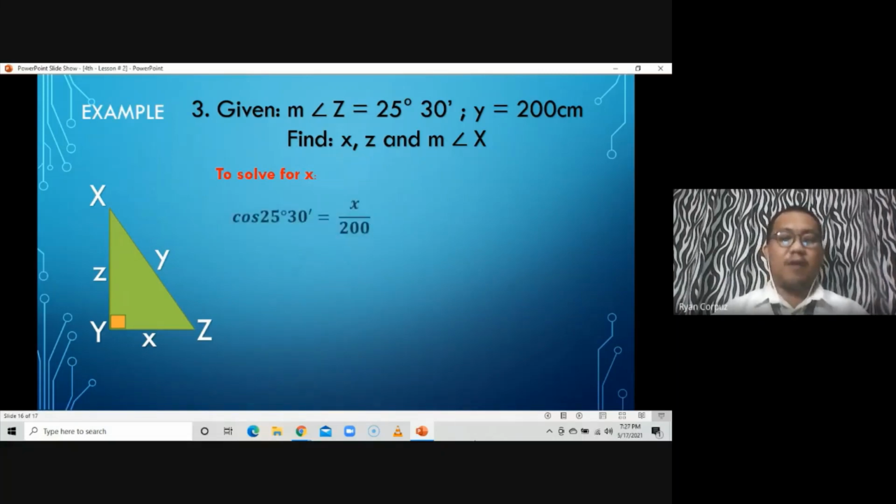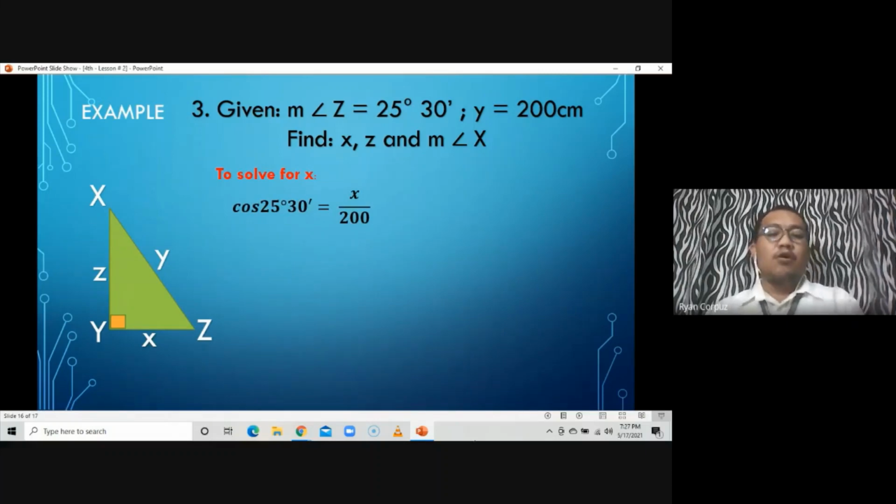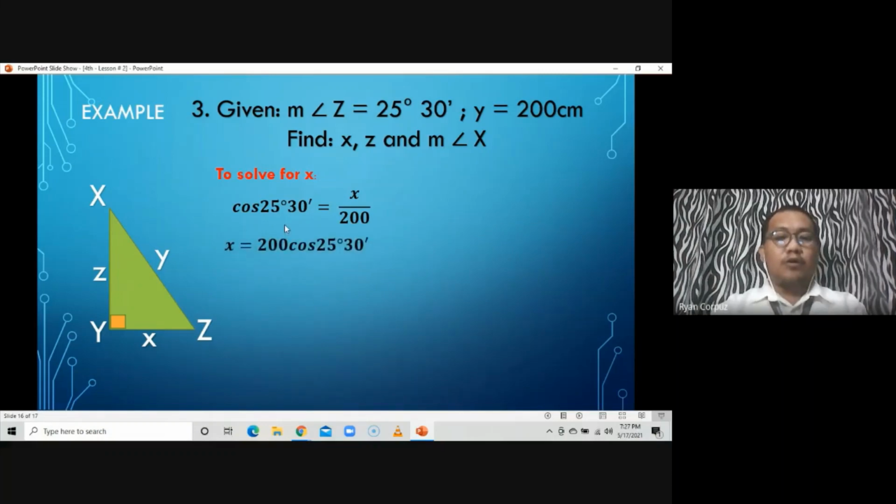So, cosine 25 degrees 30 minutes is equal to adjacent, that is x, over hypotenuse, which is 200. Then do the cross multiplication over 1. Obviously, x times 1, that would be x, is equal to cosine 25 degrees 30 minutes times 200. It should be 200 cosine 25 degrees 30 minutes.